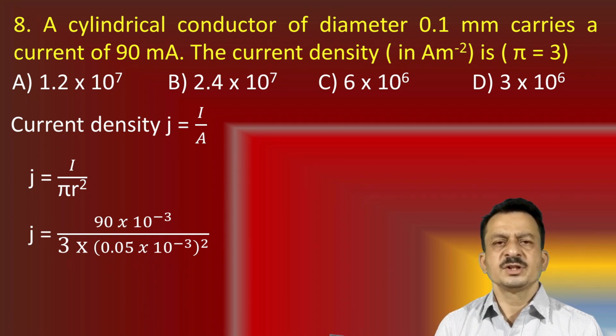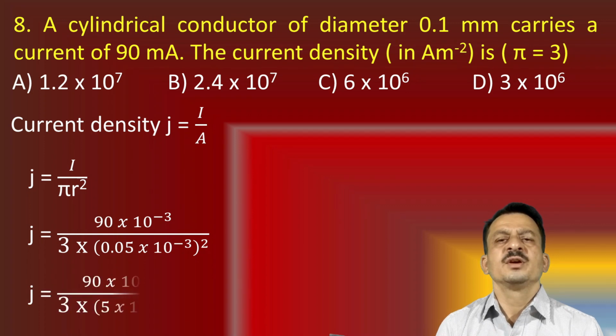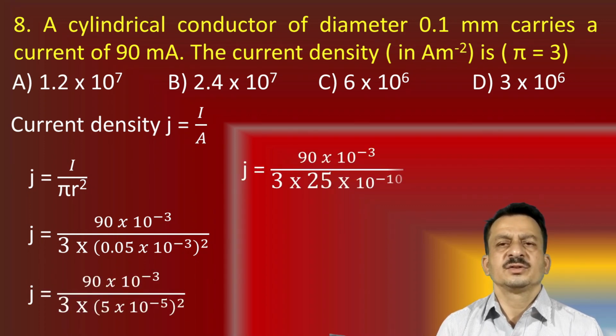If I write 0.05 into 10 raised to minus 3 whole square, 0.05 as 5 into 10 raised to minus 5 and squaring it. So 90 into 10 raised to minus 3 divided by 3 into 25 into 10 raised to minus 10.